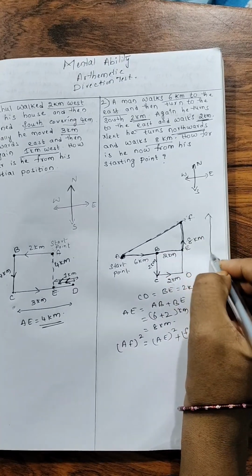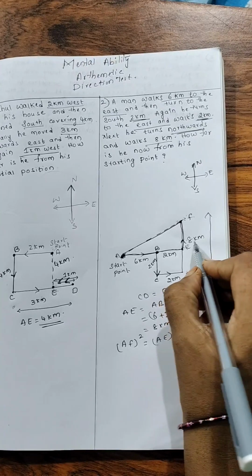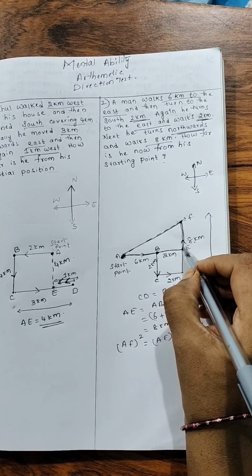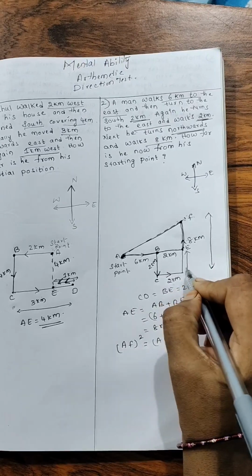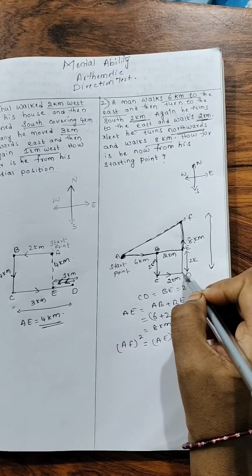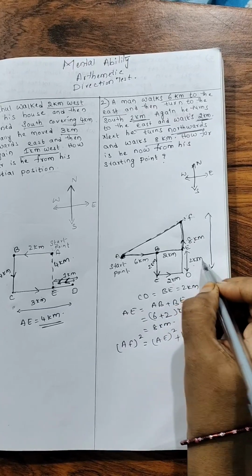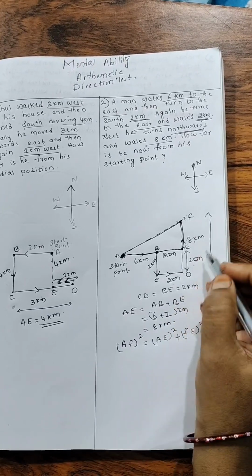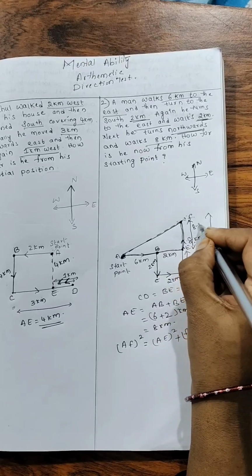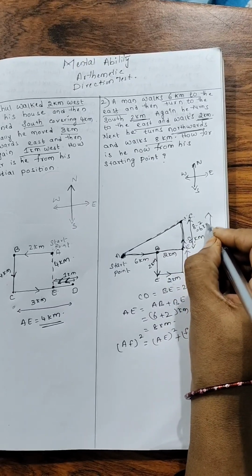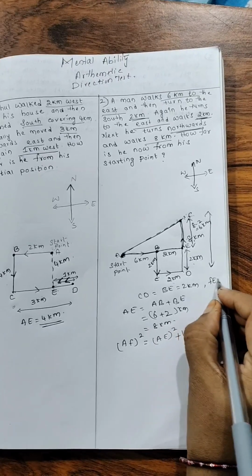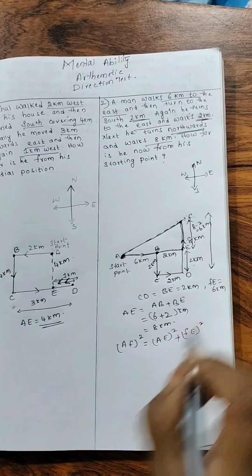Total is 8 kilometers, we said. FE becomes, from here to here, 2 kilometers. BC is equal to ED equal to 2 kilometers. Now total 8, so FE will be equal to 8 minus 2, that is 6 kilometers. So FE is equal to 6 kilometers.